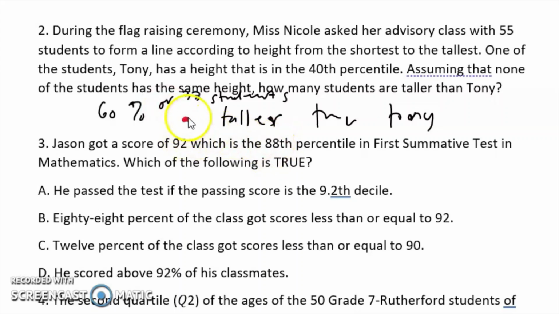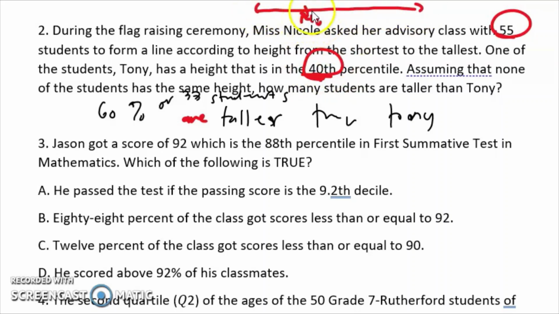Okay, so ang gagawin nyo lang, i-multiply nyo lang siya dun sa percentile, etong given nyo, tapos dun sa taller sa kanya. Hindi ito yung gagamitin mo ha, kasi ito, one of the students, Tony has a height. Ito kasi yung position niya. So, ang kukunin mo, i-minus mo siya. Kung this is P40, lahat ng mataas sa kanya ito. Kaya ang nakuha natin ay 60.